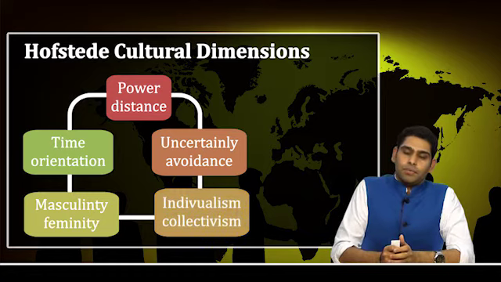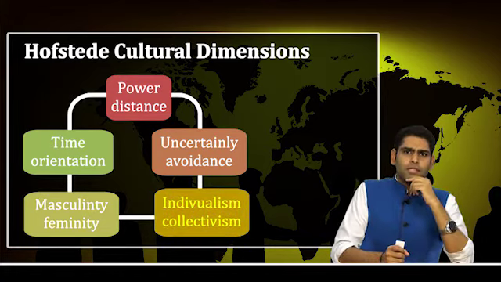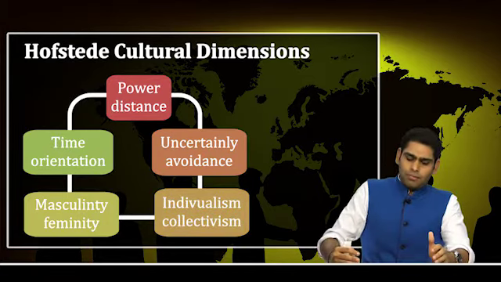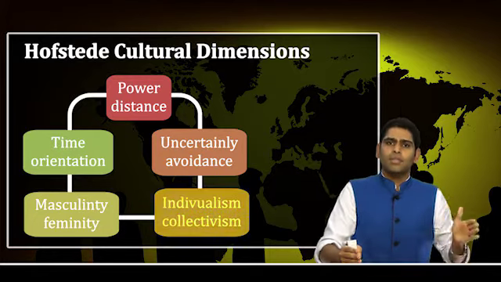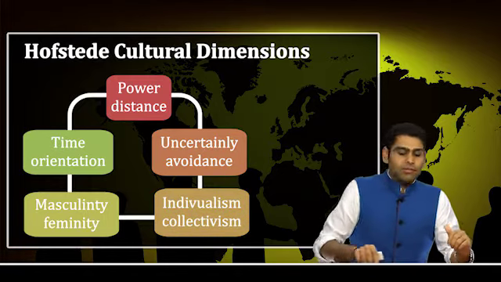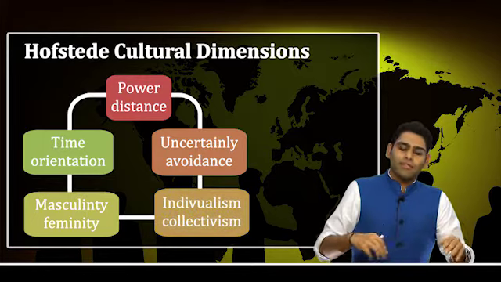Individualism versus collectivism, the third factor. Let us take an example of any of the Middle Eastern countries, let us say Iran, and let's contrast it with the United States. The Middle Eastern countries, namely Iran, are very collective. You're very family oriented.